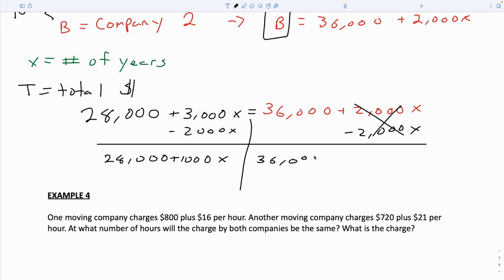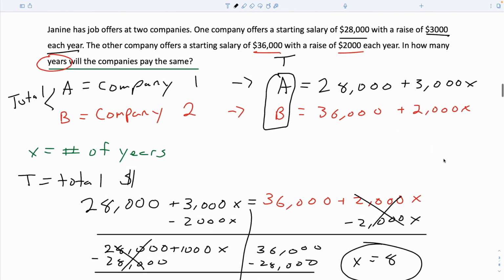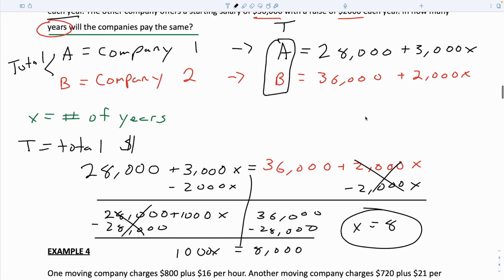I'm going to move 28,000 to the right. 1,000x should equal 8,000. And your number of years would be 8. So at 8 years, you will make exactly the same amounts. You're not going to make more or less. If you work 8 years, you're going to eventually make the same amounts.